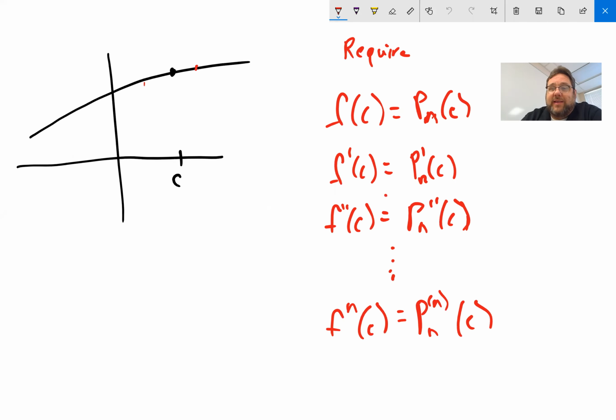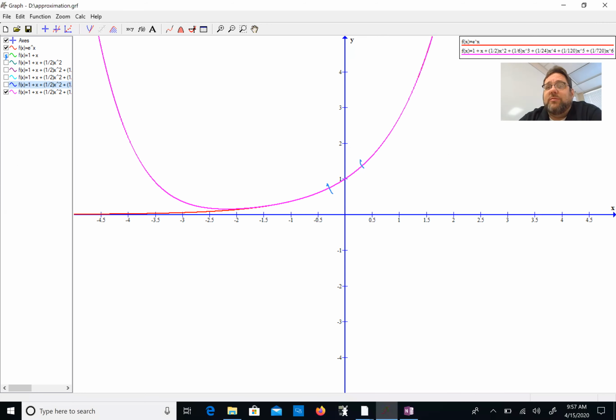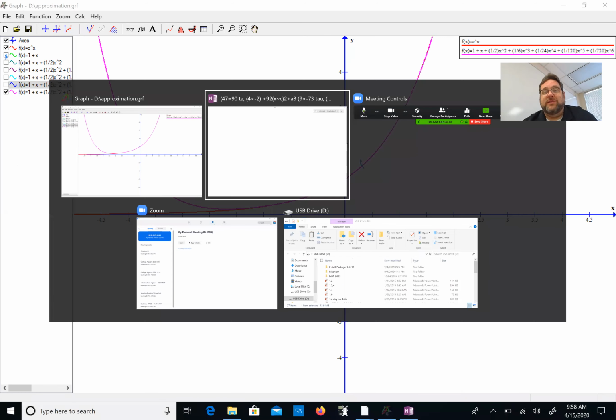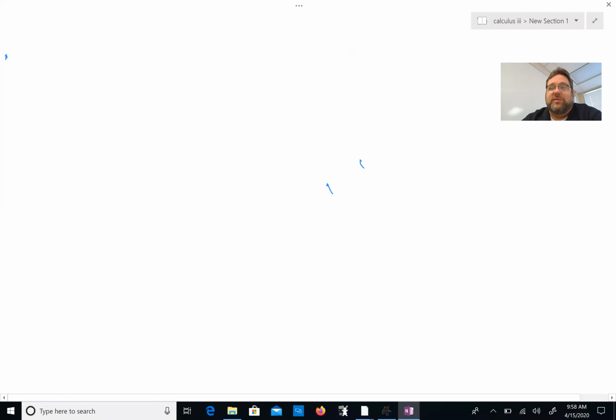So I did exactly what I said here. I'm going to require equality at all of those derivatives at the point c, and I have a polynomial that fits those requirements. And then you see that I'm getting pretty good approximations. All right, so this idea is valid. Now, how do I come up with those approximations? And that's what we're going to start with today.